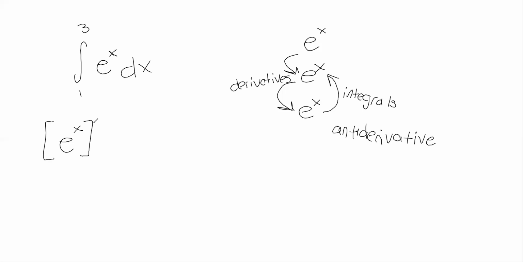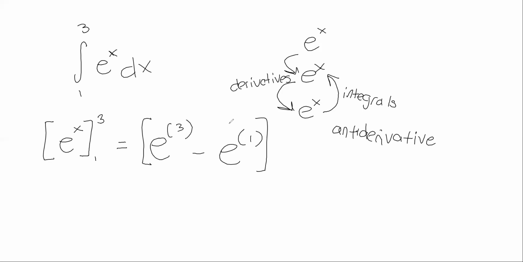So this is our antiderivative. We're going to evaluate this from 1 to 3. So we're going to take e to the x evaluated at our topmost endpoint, and then we're going to subtract e to the x evaluated at our bottom endpoint.